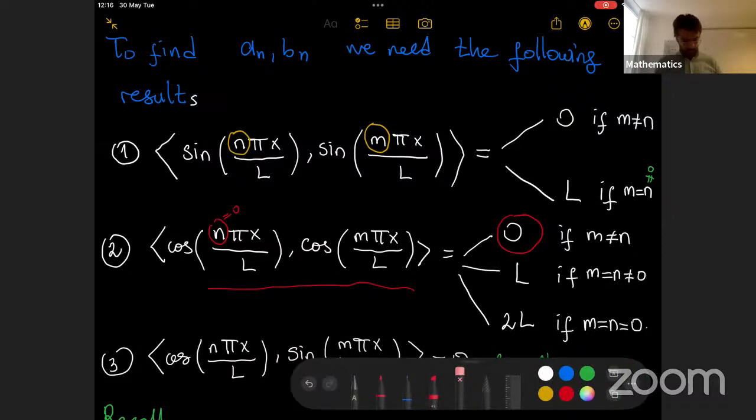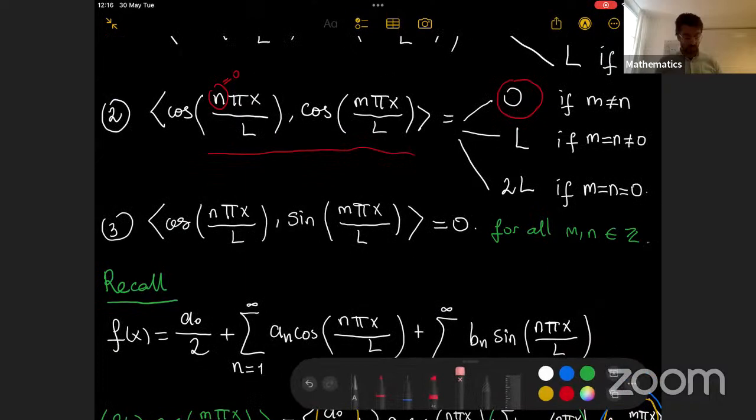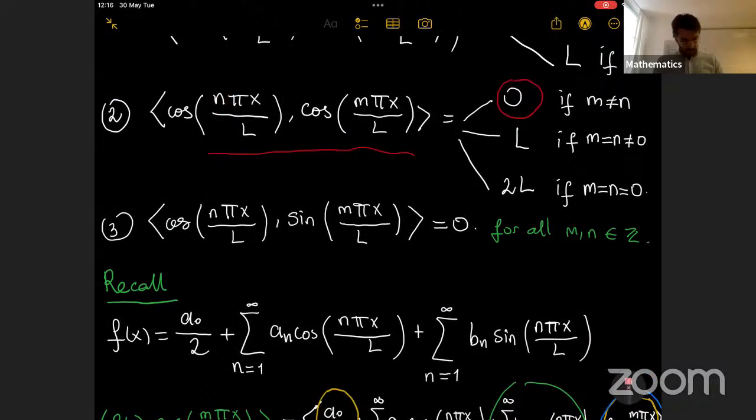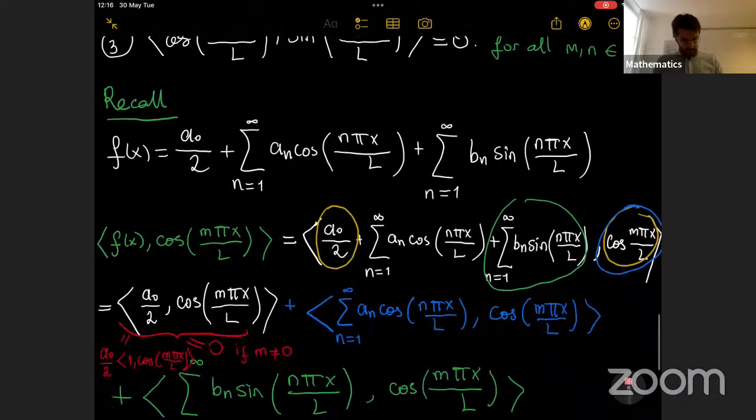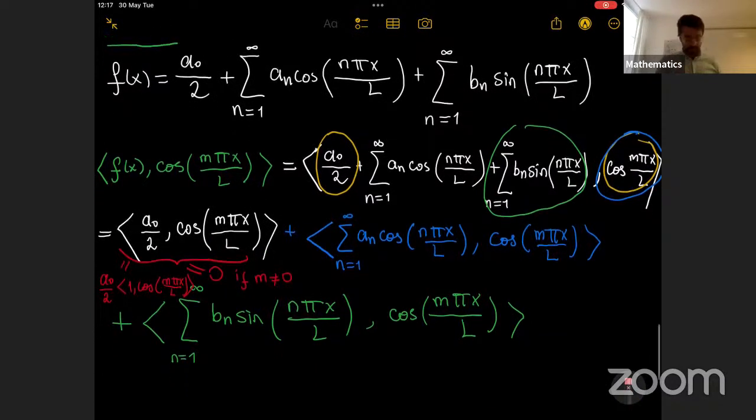Because if n is equal to 0 and m is different from n, which is m is different from 0, then you will get 0. Okay, good. So we use this one, number 2, to get that this is equal to 0 if m is different from 0.